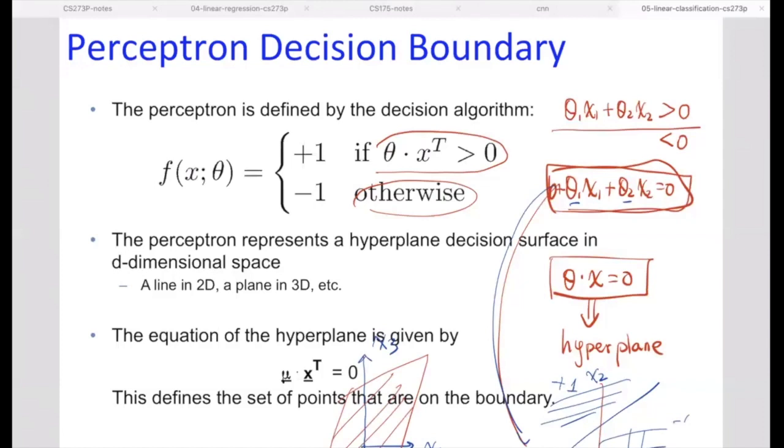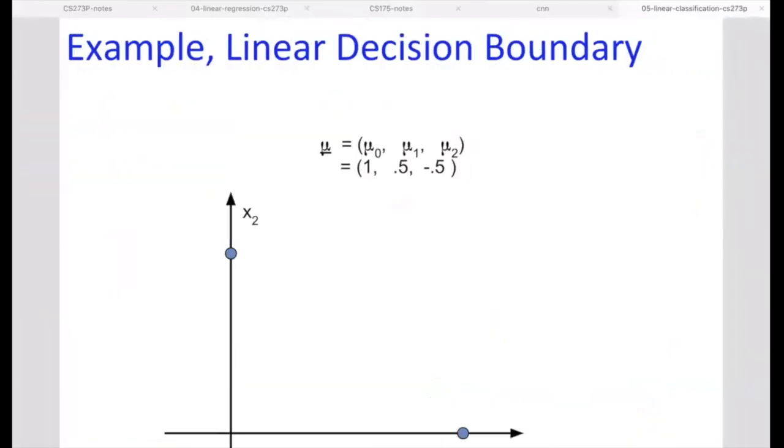So then you can have separation of the space into one half space and the other half space. This type of decision boundary is a linear decision boundary, and it is called a plane in 3 dimensions. In a space greater than 3 dimensions, we tend to call it a hyperplane. This is the terminology referring to these objects.